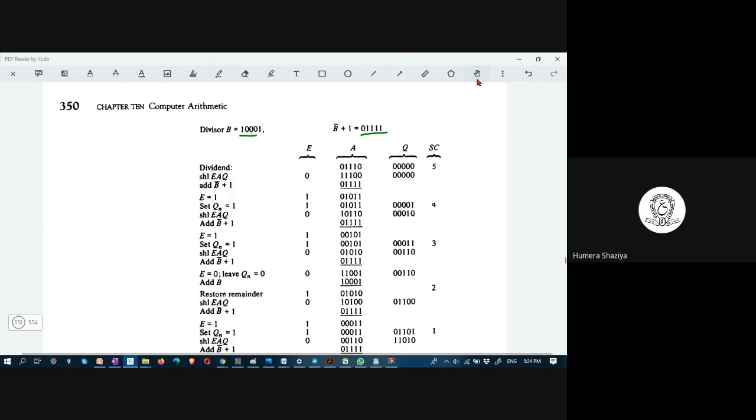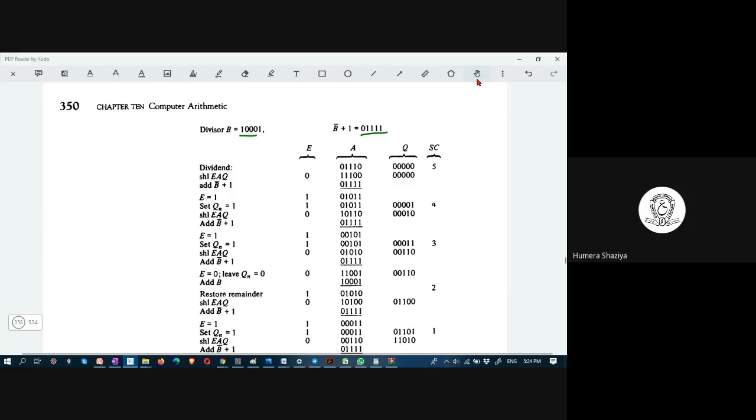First, the dividend. First, 1, 2, 3, 4, 5. 5 bits of dividend are taken. We have E, A, Q, and SC. SC is sequence counter, like before we used in multiplication algorithms. This sequence counter has to be initialized to the number of bits in the divisor, which is 5 here.